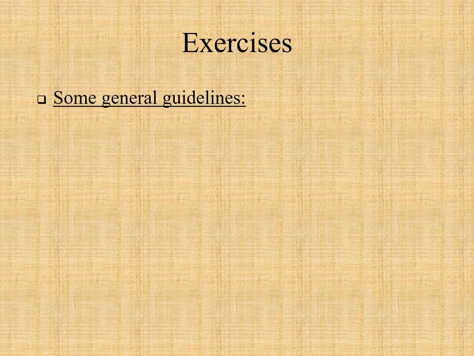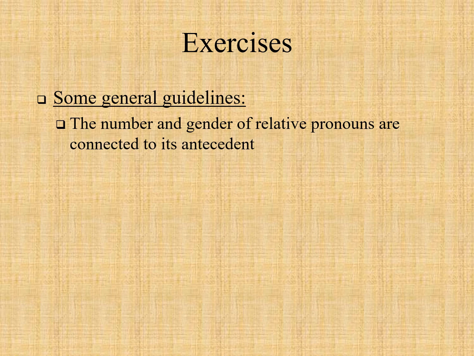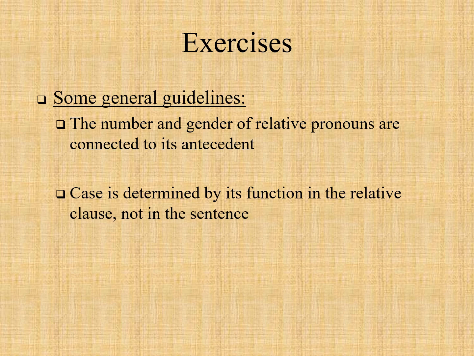So relative pronouns in Greek should be fairly straightforward, but here are some general guidelines. The number and gender of relative pronouns are connected to its antecedent, in other words, the word that it's connected to. Case is determined by its function in the relative clause, not in the sentence.